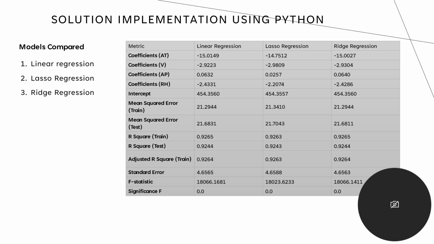There are some more parameters that I have used in this matrix. You can see the values of the mean squared error are relatively close: 21.68, 21.7, 21.68. They are very close for all three: linear regression, lasso regression, and ridge regression.